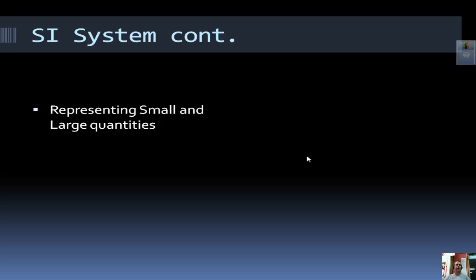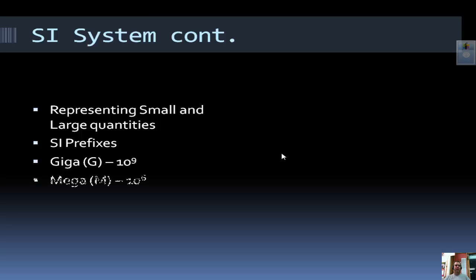Talking a little bit more about the SI system. The other thing the SI system did, other than come up with some common base units, was come up with a system that allowed them to represent very large and very small quantities. They came up with SI prefixes, and I'm going to list them from largest to smallest. Giga means 10 to the ninth.